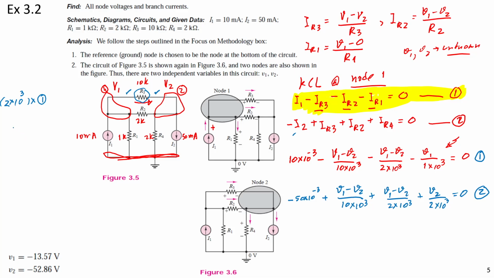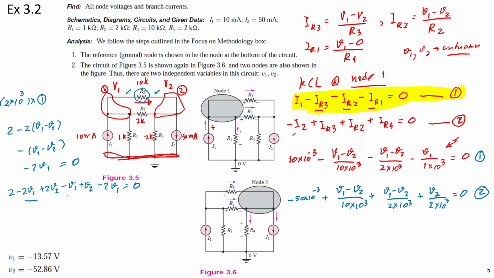This will be 2 minus 2(V1 minus V2) minus (V1 minus V2) minus 2V1 equal to 0, right? 2 minus 2V1 plus 2V2 minus V1 plus V2 minus 2V1 equal to 0.